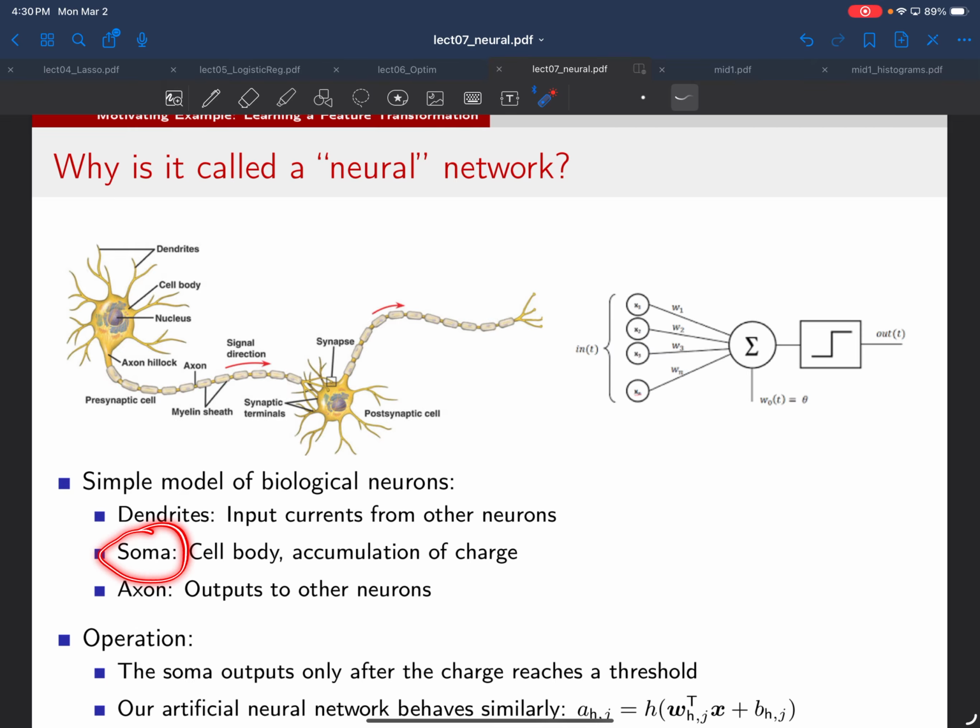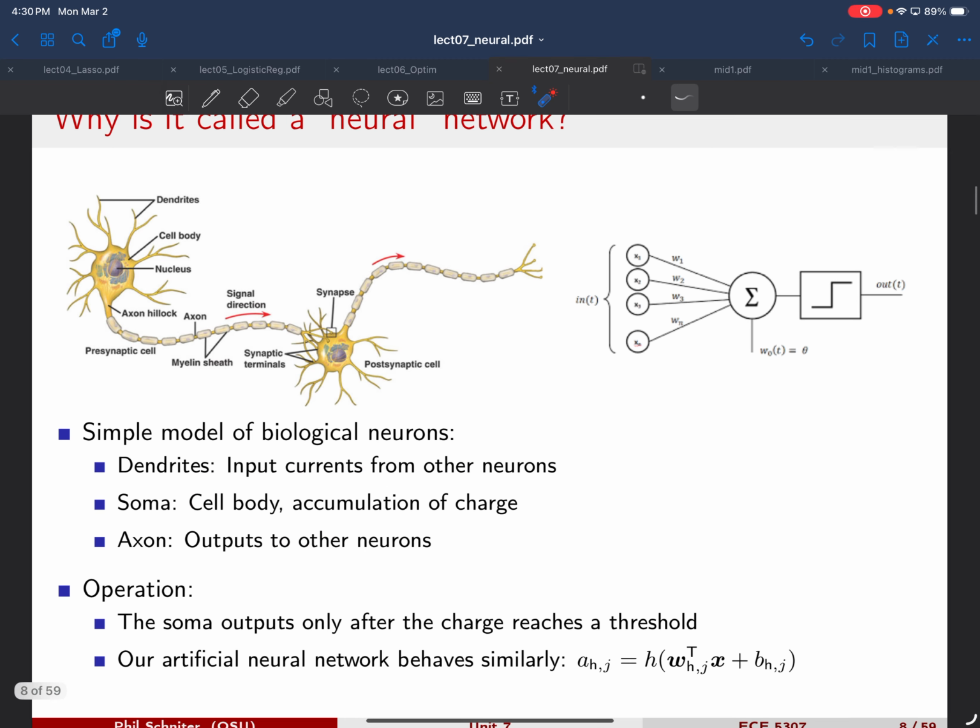And then the soma is the cell body that collects charges that come in from those other neurons, and they accumulate in that cell body. And then once the accumulation of charge crosses a threshold, this neuron sends out a charge to the other neurons that it is connected to through what's called the axon.